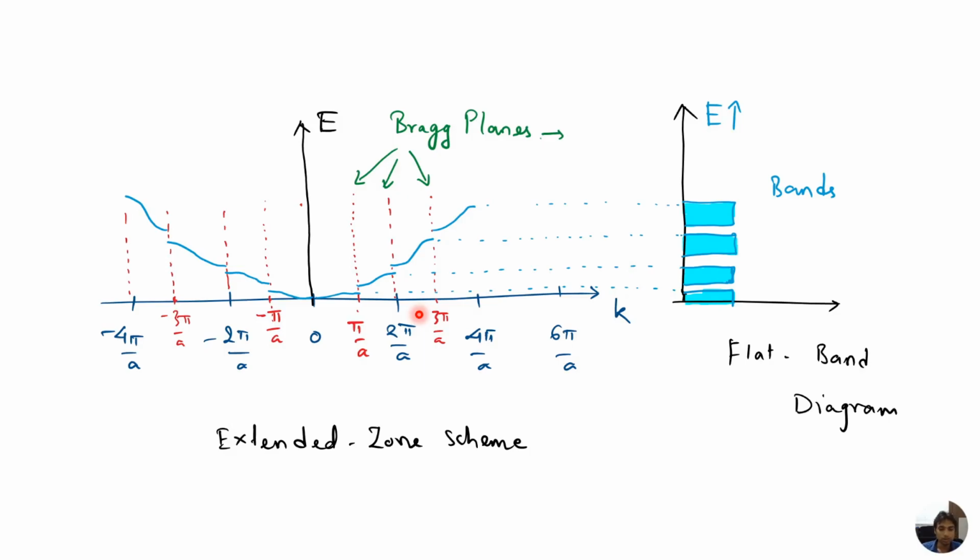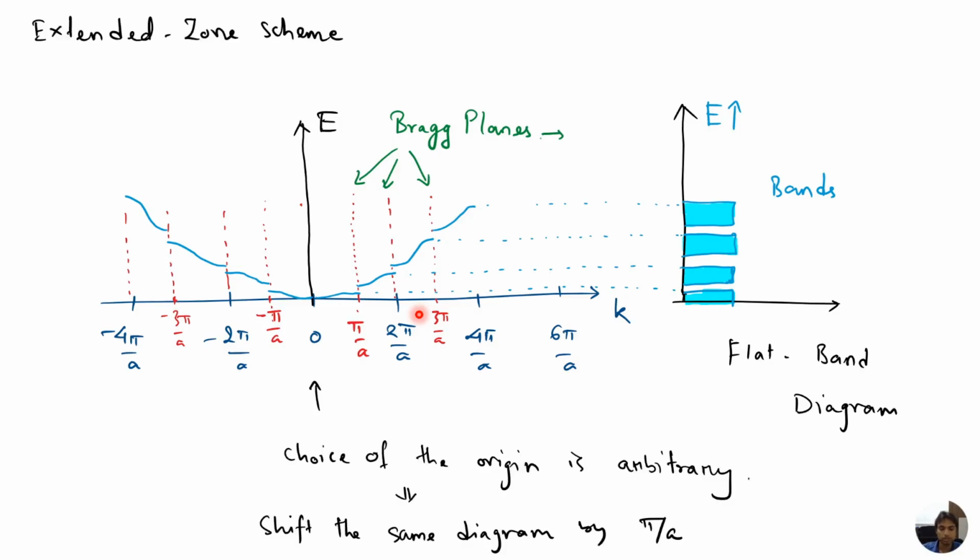Now you see the choice of origin. We said let us choose an origin in the reciprocal lattice, and with respect to that we find the other lattice points and take the perpendicular bisector. But the choice of this reciprocal lattice point as the origin is our choice.